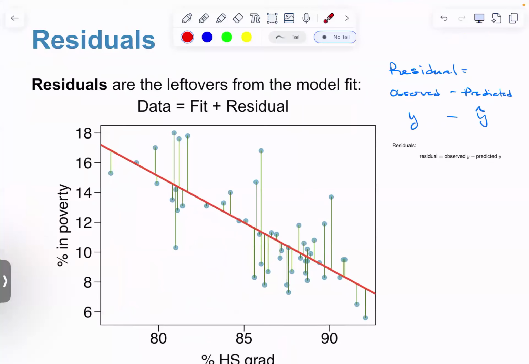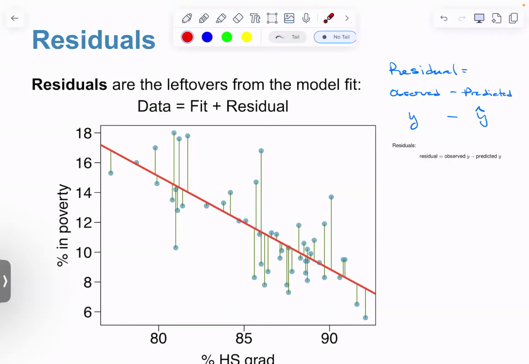So these residuals, some are going to be large and some of them are going to be small. Now, this is where it gets kind of mind-boggling, because of how the line is fit. Our least squares regression line, the line of best fit, minimizes those residuals. The way the line fits, if you add up all your residuals, they will add to 0.